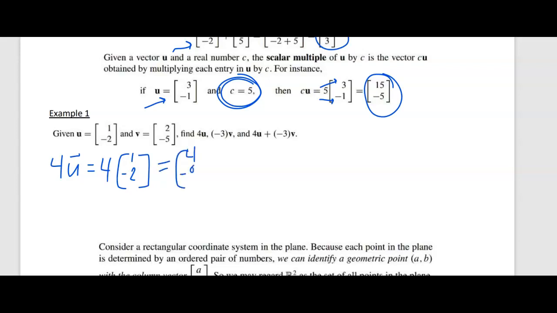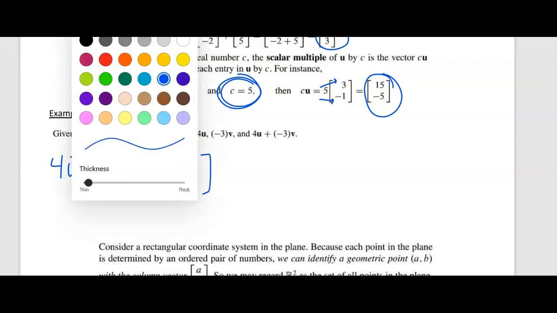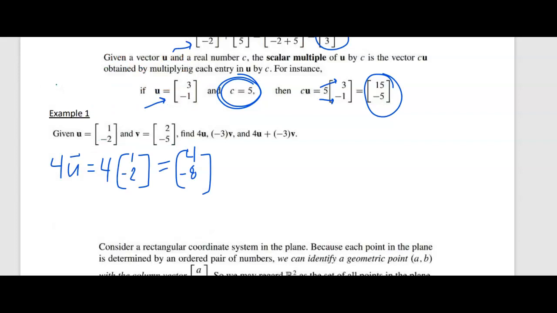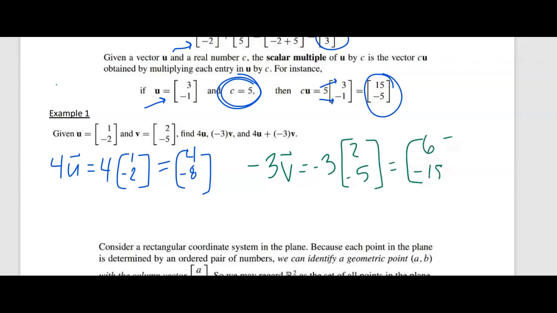So I get 4 and -8. All right, if I wanted to find -3 times v, then I'm going to take -3 and multiply that by the components in vector v. So that's going to give me 6 and -15.